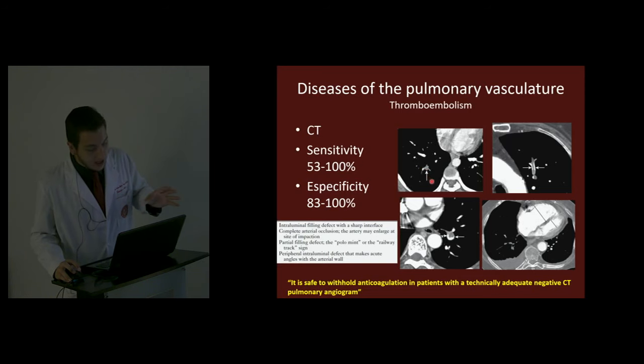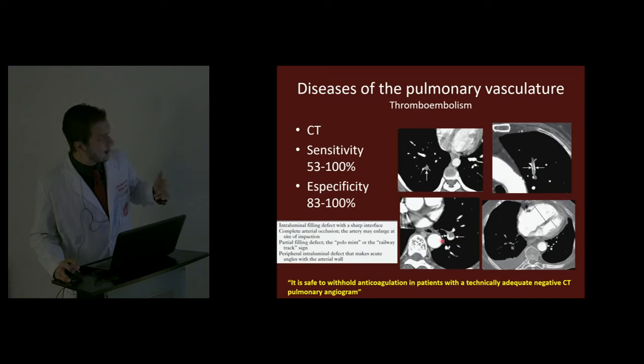This is also a classic thing of the acute pulmonary thromboembolism. And peripherally, we have to understand that the thrombi makes an acute angle with the arterial wall.